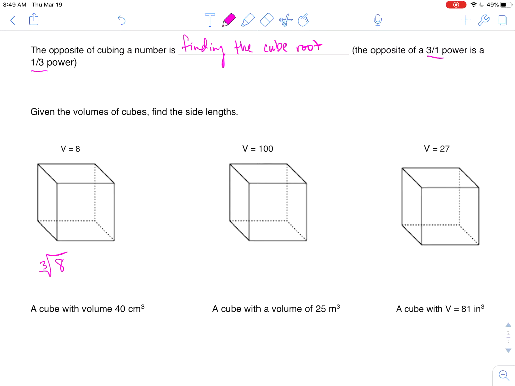So to find the side length, I'll take the cube root of 8, which is just 2. So 2 times itself 3 times gets me 8. And remember, you can either do this in Google, you can search, cube root of 8. Or if you have a calculator, then don't forget we hit the number 3, then second, then the up arrow, which gave us this screen on our calculator, and then we typed in 8.